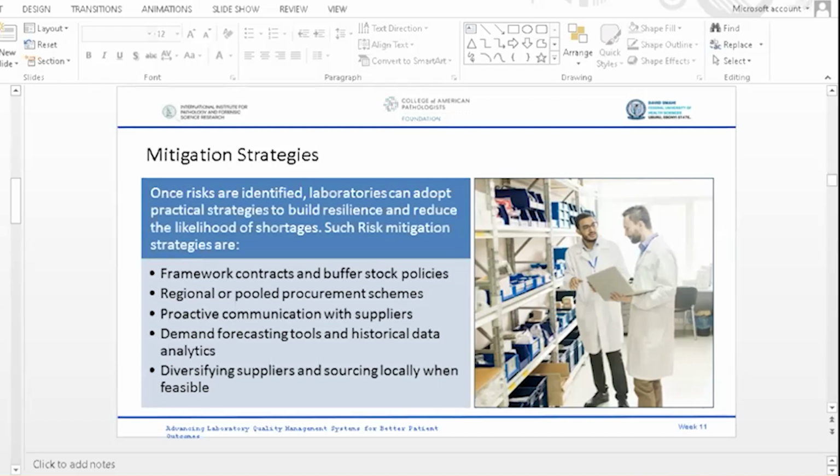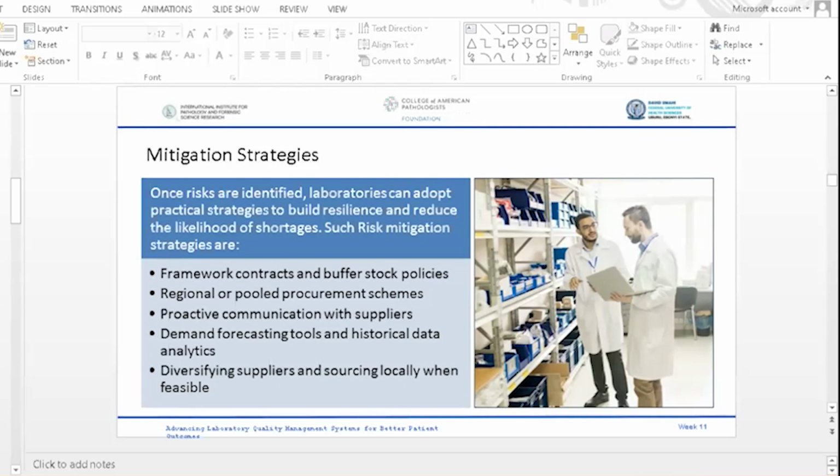These are essential practices to prevent expiration and to ensure freshness of reagents, especially those with short shelf lives. Labs should develop internal SOPs for these emergency requisitions and substitutions.